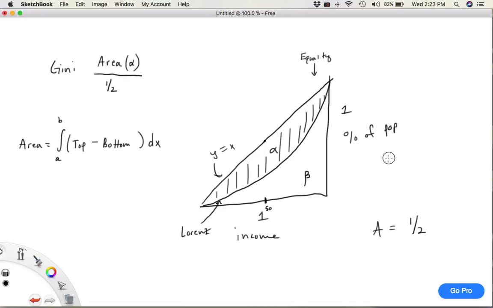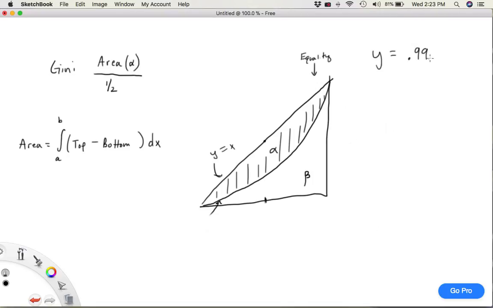So let's just go ahead and calculate the first scenario. And that's going to be y equals 0.99 times x to the 2.1.